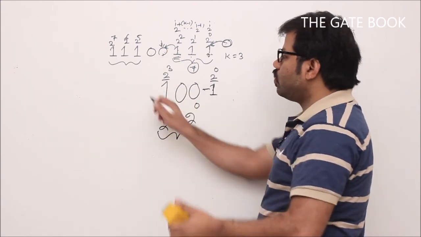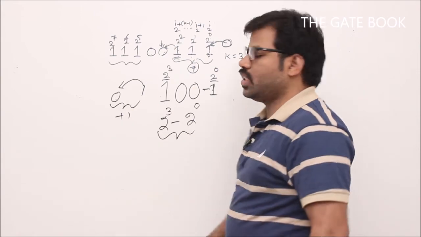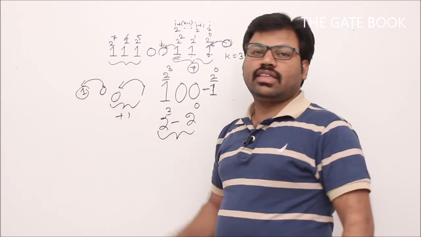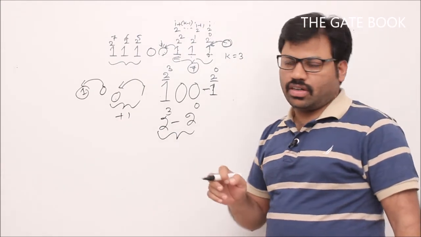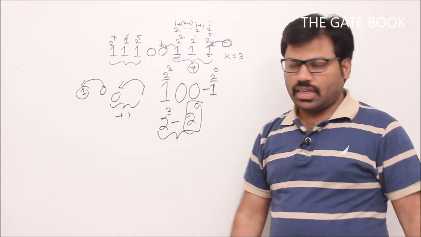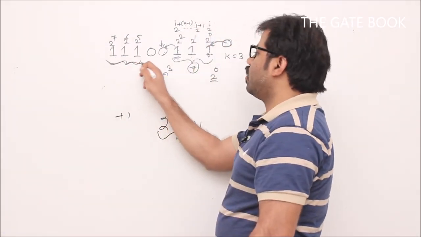So whenever you see a 1 to 0 transition, we directly write plus 1. Whenever you see a 0 to 1 transition, that indicates the start of the ones, the first one, and in the first one we always write minus 1. That is the idea. Similarly, the same story happens here, right?